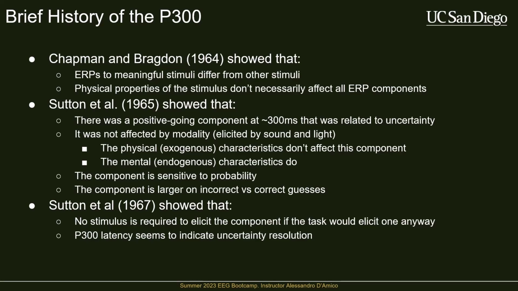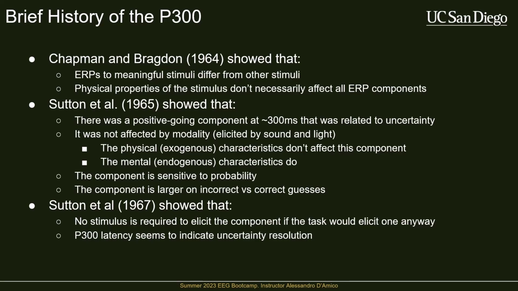And I use this language because of my BCI class, but it seemed that it was the mental characteristic of the stimulus, not the physical characteristic, that was generating this potential. So we'd call this an endogenous response rather than an exogenous response. And the component seems to be sensitive to probability. In this particular experiment, there was a higher percent chance of the guess being correct or not.